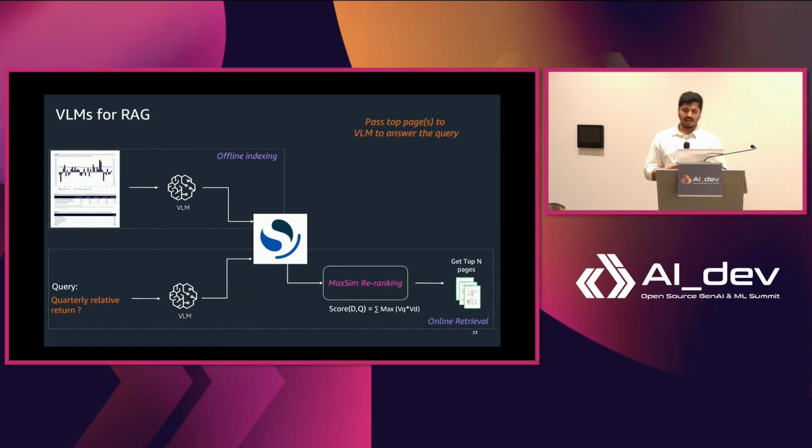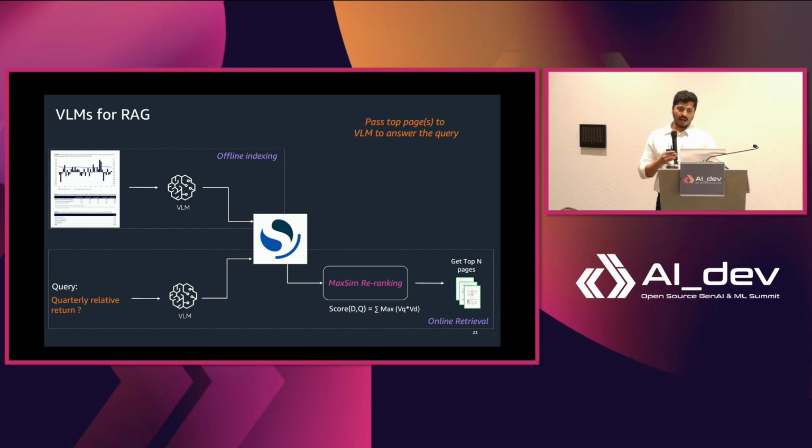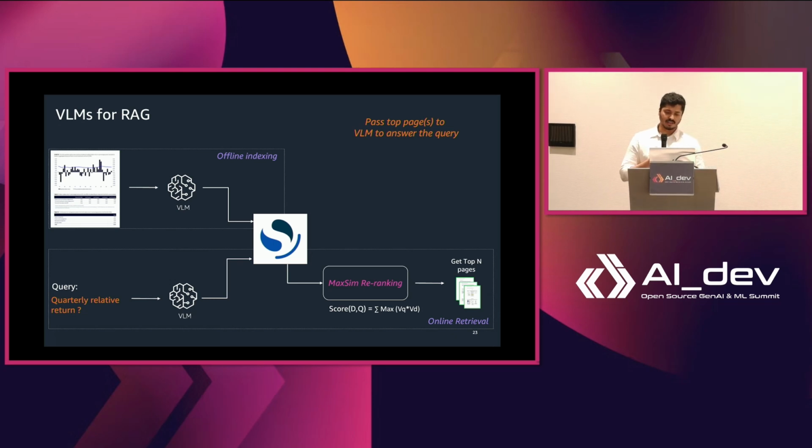But that's not all, right? We got the top pages, but how about answering the exact question? Say, for example, I have a question: what is the quarterly relative return?